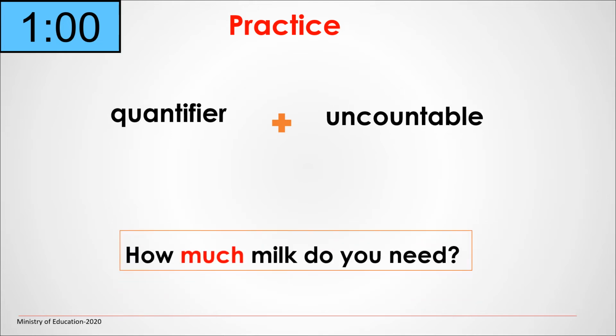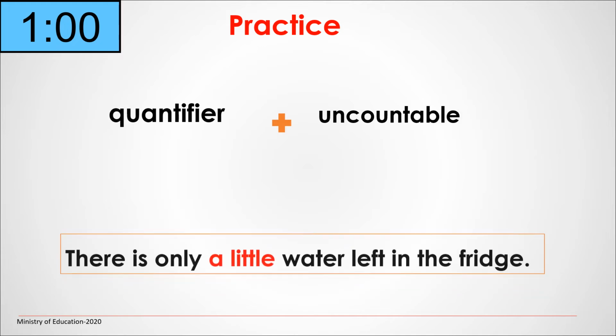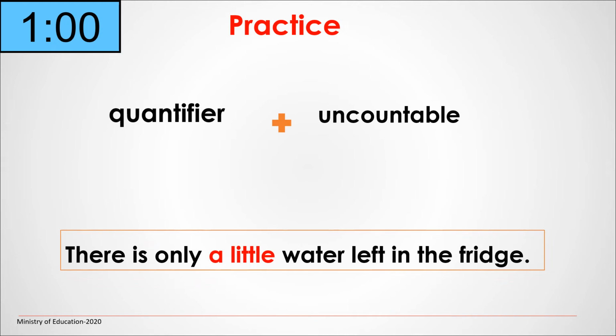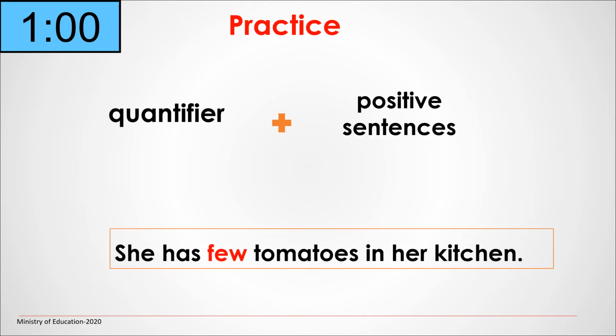Practice quantifier with uncountable. How much milk do you need? Quantifier again with uncountable: there is only a little water left in the fridge. Quantifier with positive sentences: she has few tomatoes in her kitchen.